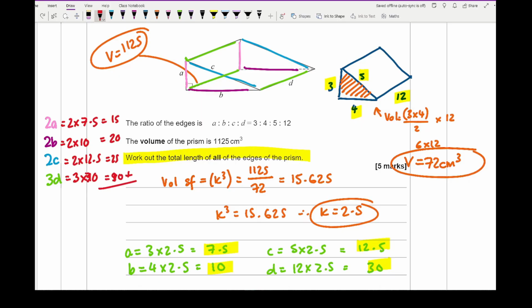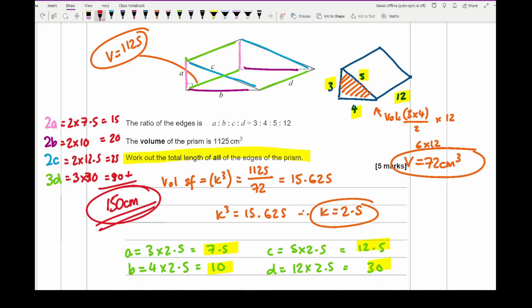Then adding all of those numbers up, we get 15 plus 20 plus 25 plus 90 comes up to a total answer of 150 centimeters, and there is my final answer.